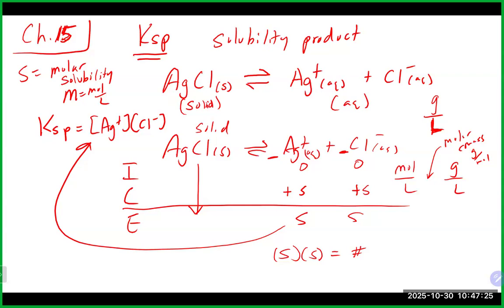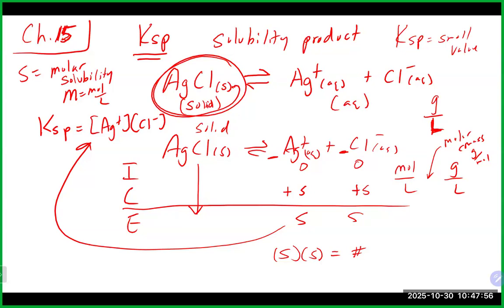Now, because these are for things that are typically insoluble, we typically see a very small value for KSP. And because it's still an equilibrium expression, as we talked about before, if you have a small value of K, you would mainly expect reactants to be present at equilibrium, which is what we see here, which is the insoluble solid.